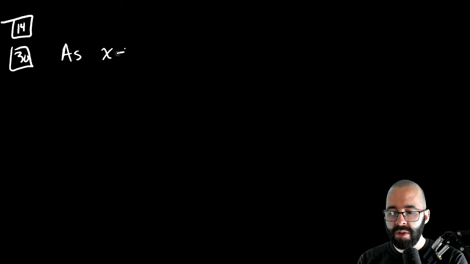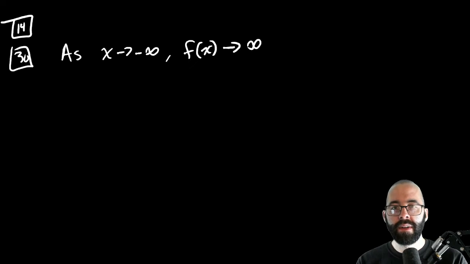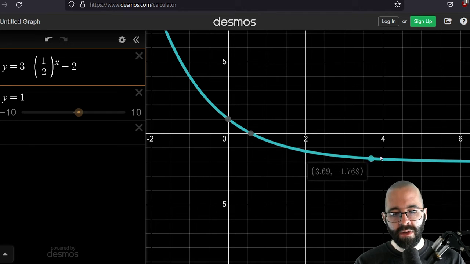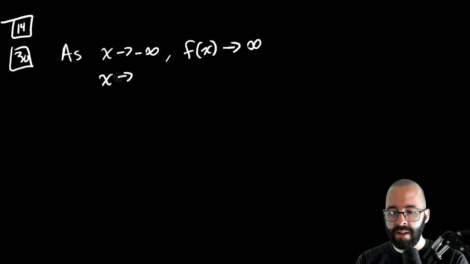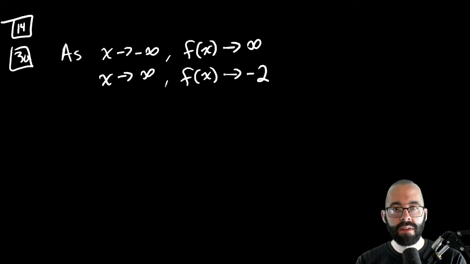As x goes to negative infinity, the function value is going up to positive infinity. As x goes to the right, though, the y value is getting really close to that asymptote, negative 2. As x goes to the right, the function value approaches negative 2.